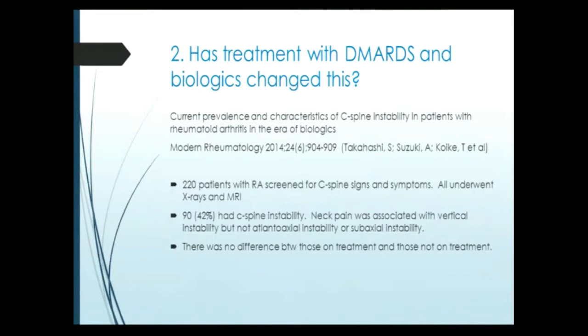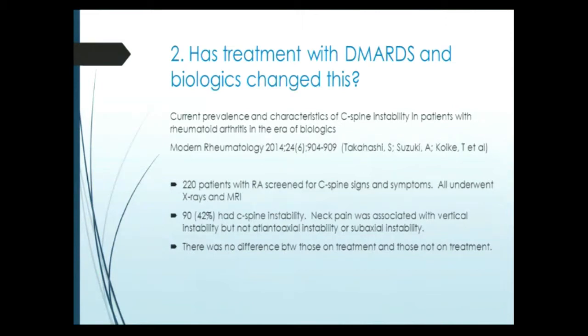Some of these people were on treatment and some were not. So they were comparing the radiology to their symptoms, looking at whether symptoms matter, and looking at whether people being on biologics made a difference. They found that 42% of these patients had C-spine instability, which is actually a lower number than previously.